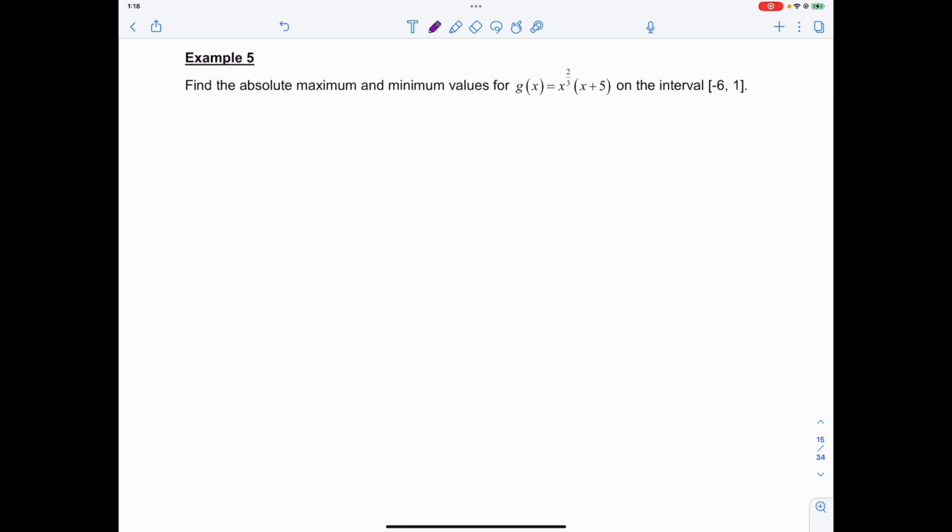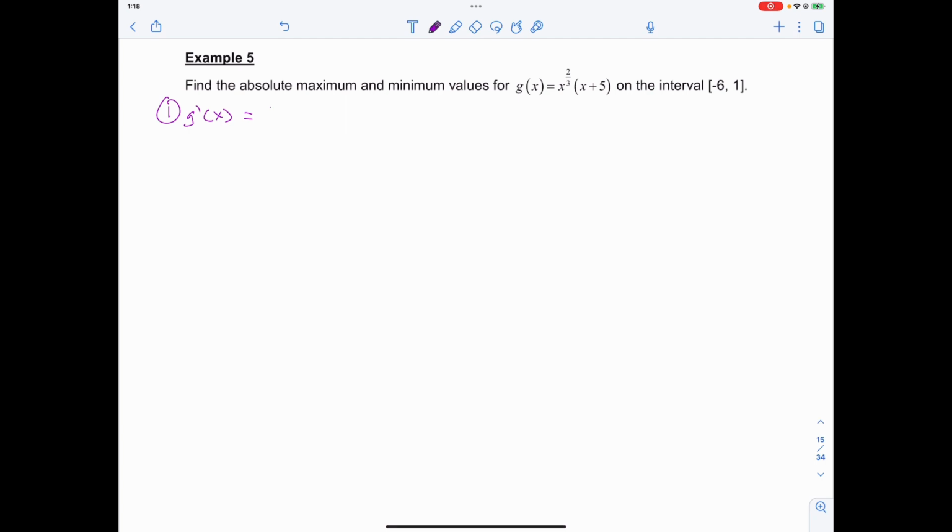All right, for example 5, it says find the absolute maximum and minimum values for g of x is equal to x to the power of 2 over 3 times x plus 5 on the interval of -6 to 1. So the first thing, we're going to take the derivative to solve the critical numbers.